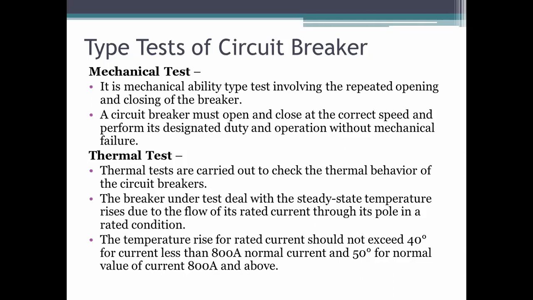The breaker under test deals with the steady state temperature rise due to the flow of its rated current through its pole in a rated condition.